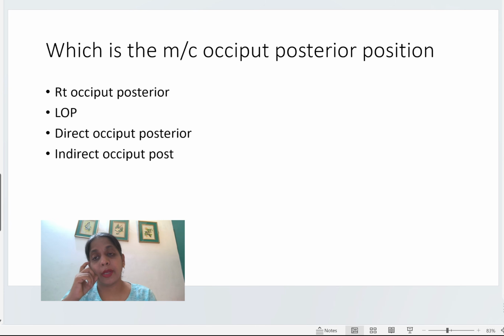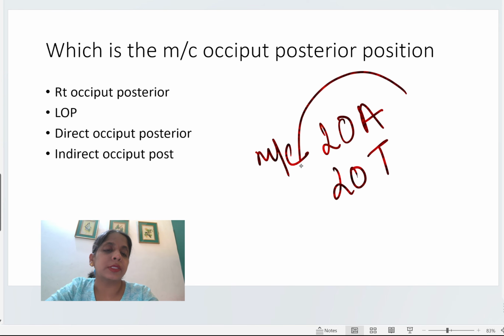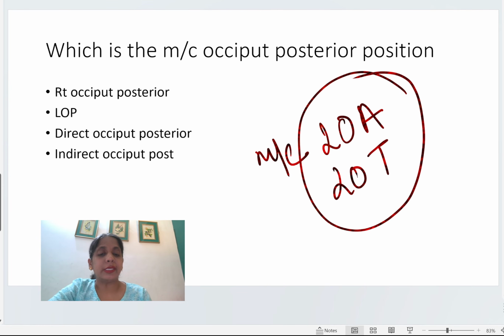Which is the most common occiput posterior position? The most common occiput posterior is right occiput posterior. Usually, the most common position is left occiput anterior or left occiput transverse. Occiput posterior is an abnormal position, and out of all the occiput posterior, the most common is right occiput posterior.